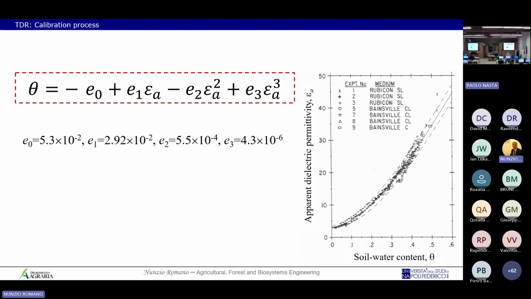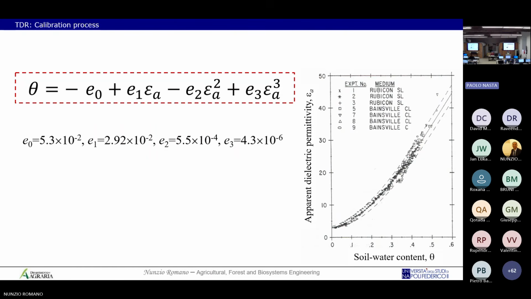Yes. So basically, I want to complement: there are several options to use. You can use the Topp equations as showed in the slide, or you can use the factory equation given by METER, for instance, for the Teros 12, or you can use your own calibration equation if you collect several soil samples for the thermogravimetric, for the direct measurements of soil water content, which is the benchmark measurement.